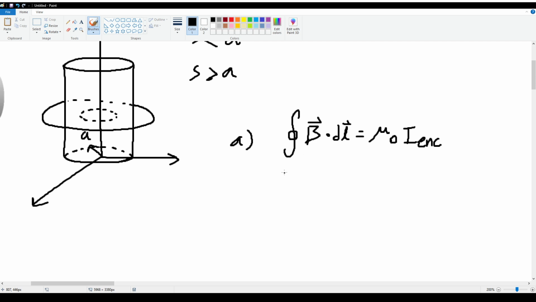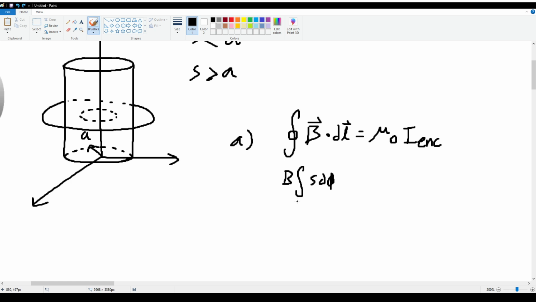So we can actually rewrite this as B times the integral of dl, where dl is actually just S d phi, because we're just looking at here the radius, and then this is what we're rotating around, which is phi.